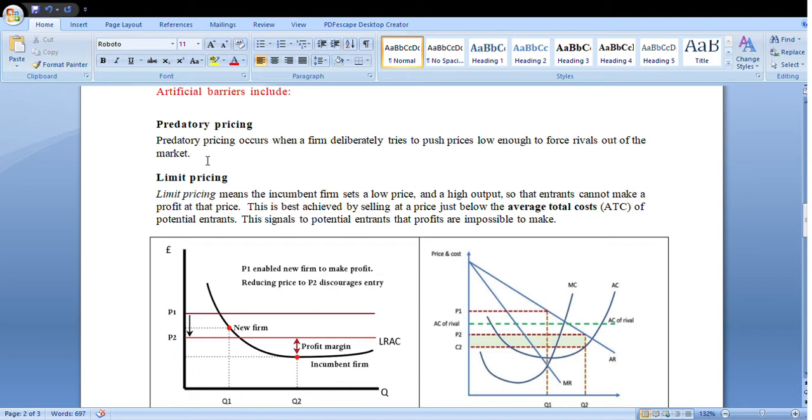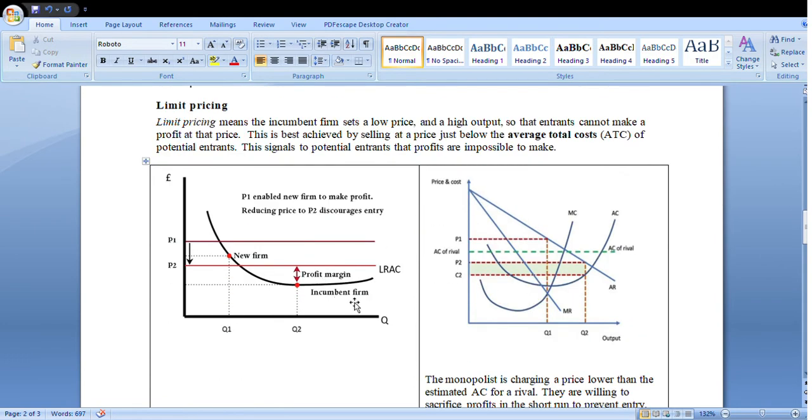Second, limit pricing is a pricing that the existing incumbent or the oligopoly firm sets when it sees that a new firm is trying to enter the market. To stop its entrance into the market, the oligopoly or monopoly reduces the price. That is limit pricing.